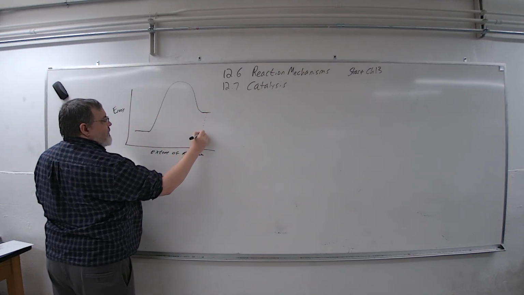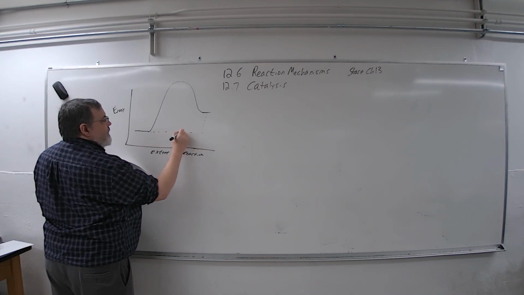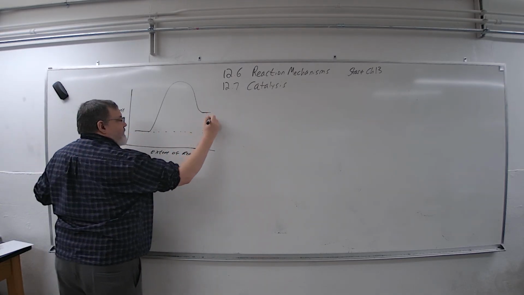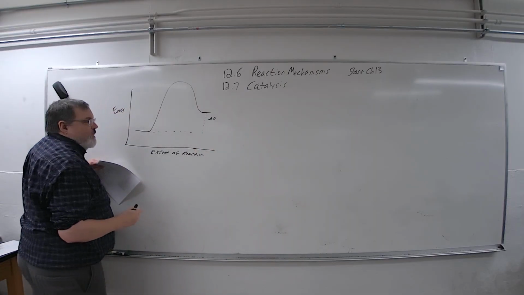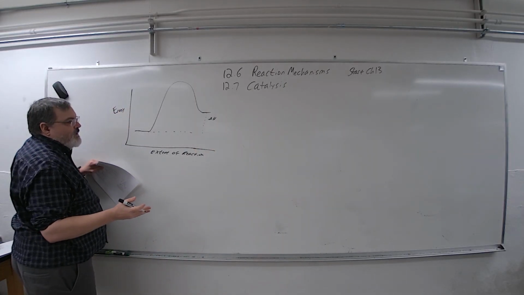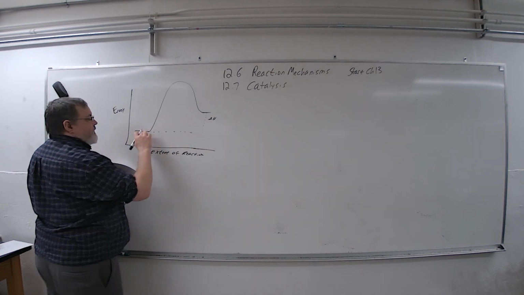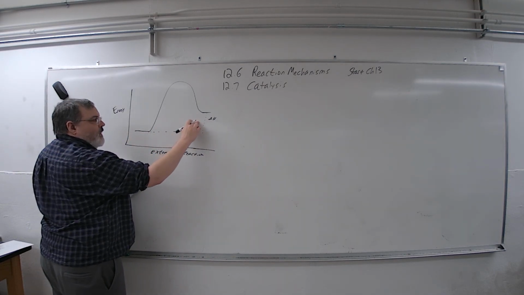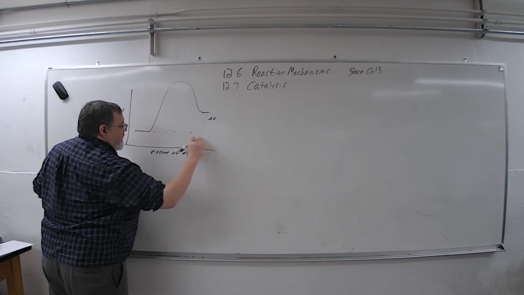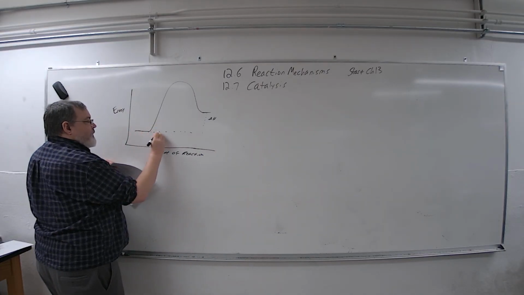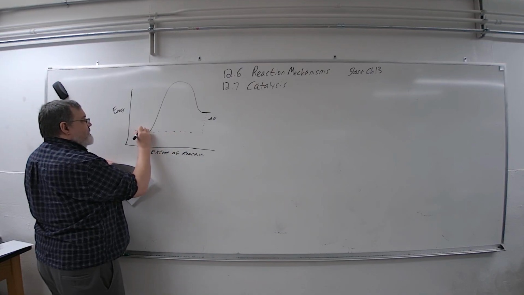Maybe you remember that the difference between where this is on the energy and where this is on the energy is delta H. That's not the discussion we're going to have here. That's just a reminder. Since there's more energy in there than the start, this would be endothermic. I could make this come down below here, then it would be exothermic. But the key here is level with this point, the reactants.